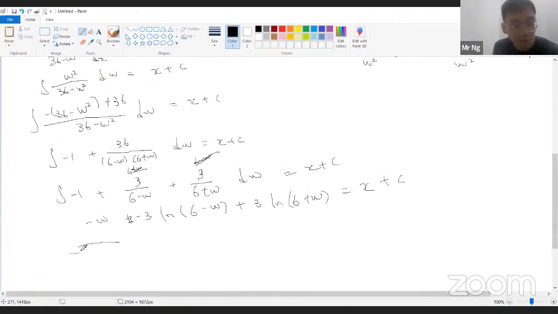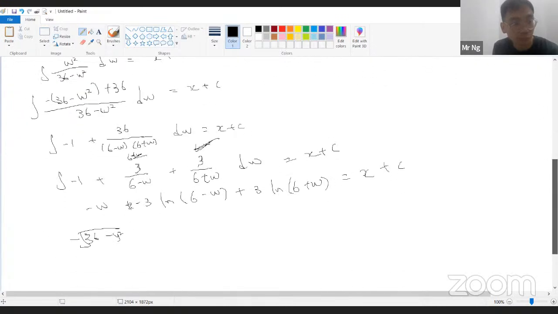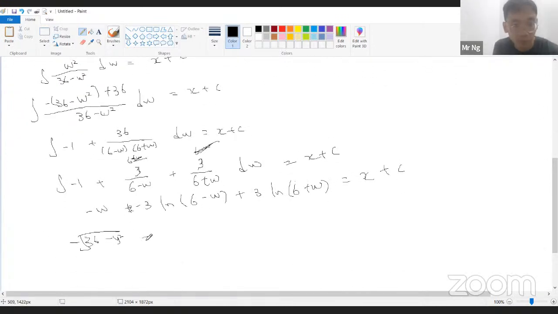Minus square root of 36 minus y squared, plus 3 ln of (6 plus root 36 minus y squared) over (6 minus square root 36 minus y squared), plus c equals x.